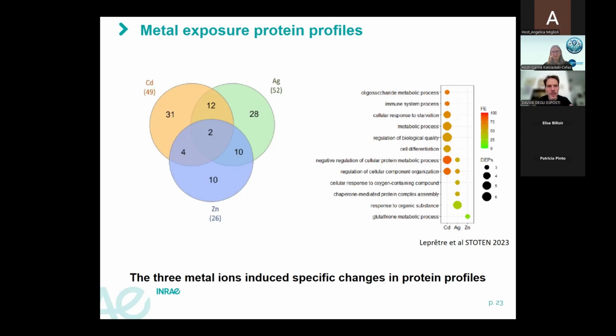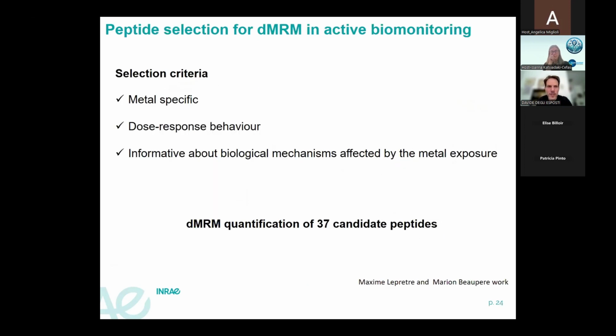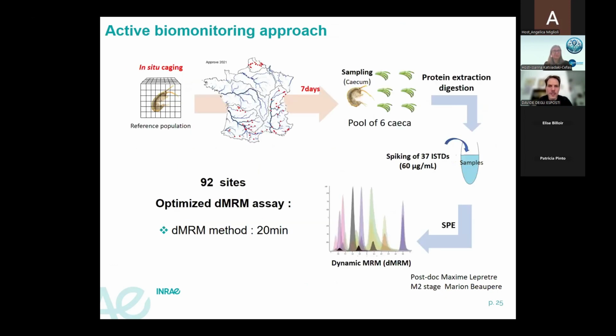In this case, we used metals to observe these changes, and you can see the different profiles from the different exposure conditions. And from these proteins, we can select candidate peptides that are metal specific, show responsive behavior, and are involved in the biological mechanism affected by the metal exposure, and screen these potential biomarkers in the field.